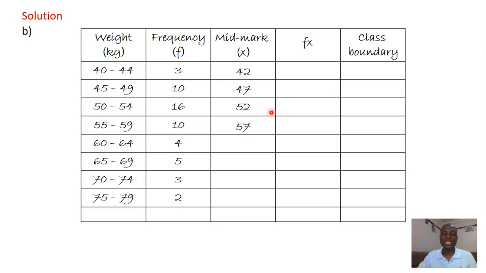The next is 60 plus 64 divided by 2, 62. The next is 65 plus 69 divided by 2, that is 67. Then 70 plus 74 divided by 2, that is 72. Then the next is 75 plus 79 divided by 2, that is 77.